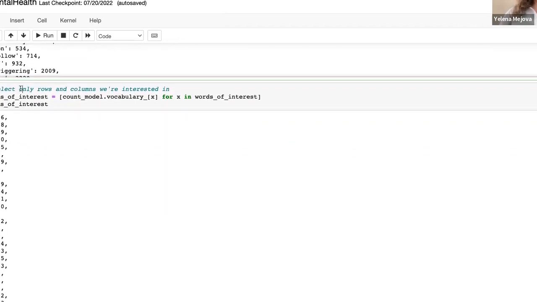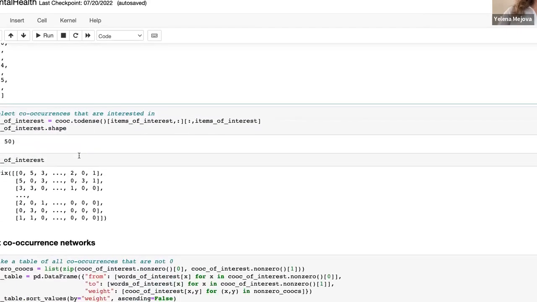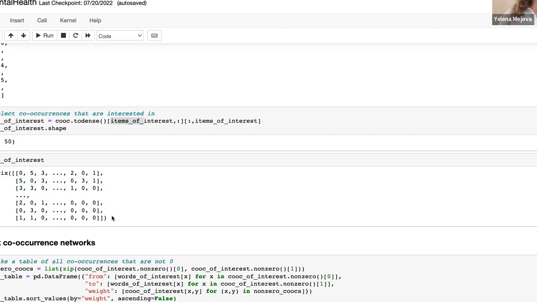So we select only the words that we're interested in, and find in this co-occurrence matrix only the terms of interest. And there they are. So this is an adjacency matrix, which you've heard of before in the network lecture.